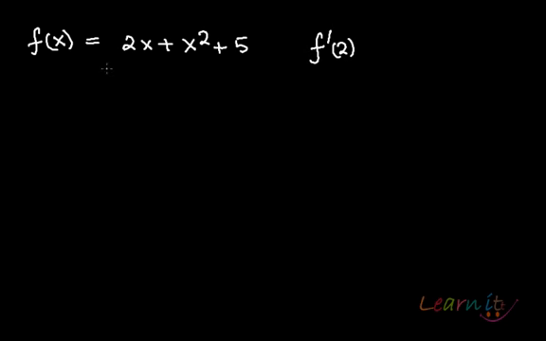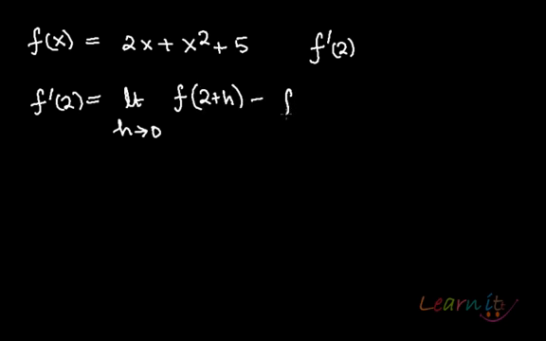So how do you write this? f'(2) would be equal to the limit as h tends to 0 of f(2 plus h) minus f(2) divided by h. So what is f(2 plus h)?